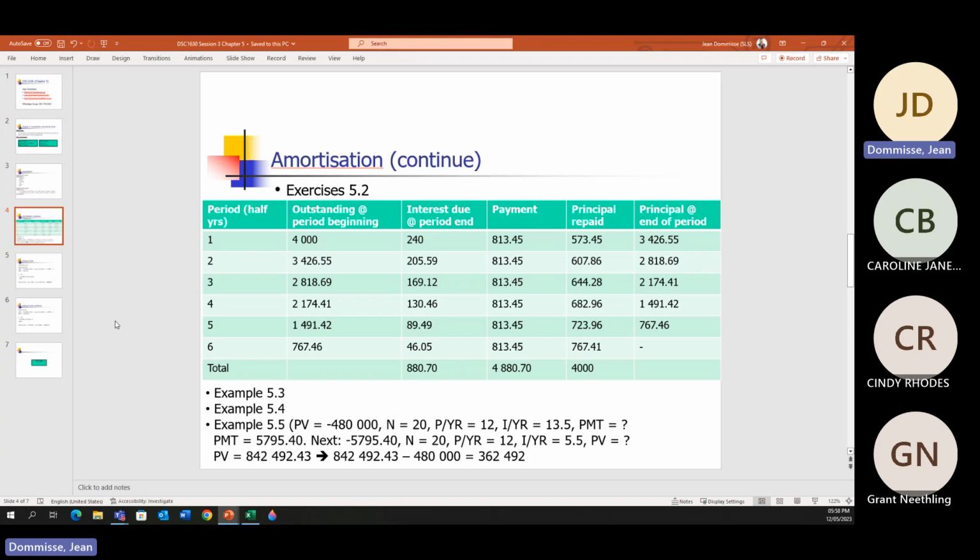Okay, so again, as you practice and you see other examples of amortization, even if it is maybe on one of your previous assignments and it's online, you can take a pic of it and send it to me as well.